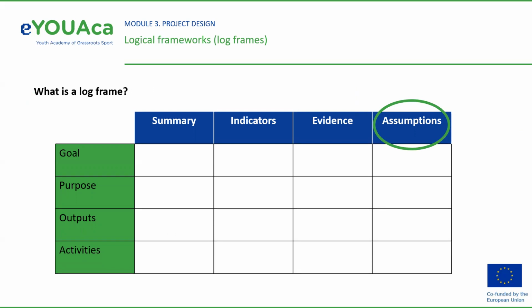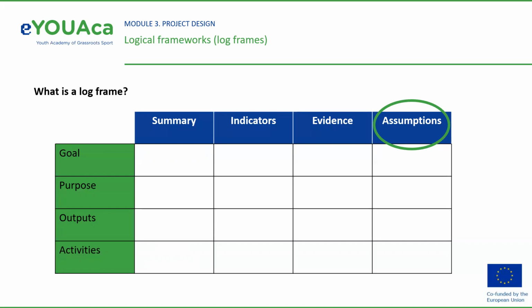Now, let's move to the fourth column, assumptions, that refers to the conditions that could affect progress, success, or long-term sustainability of the project. We have checked that each objective should lead to the one above using the if-then test.